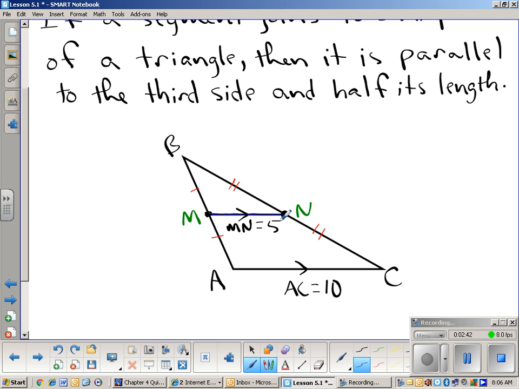Okay? So if we know AC is 10, then MN is 5. What if MN is 12? What is AC? 24. All right? 24.